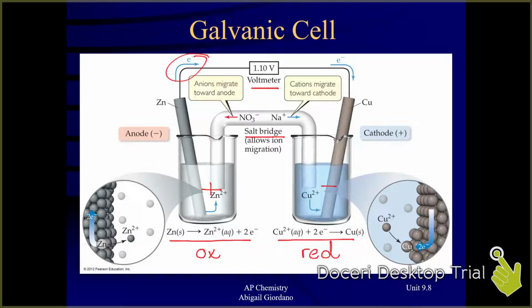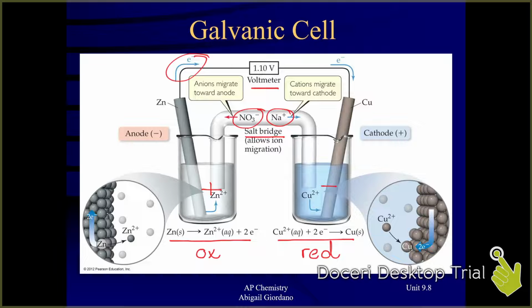It can be made of different things, but the key is, whatever it is, it has some ions in it. Not just any ions, they have to be spectator ions. Remember, that term means ions that are not a part of the overall reaction. In this case, the overall reaction involves zinc and copper. Sodium ion and nitrate ion, not involved.